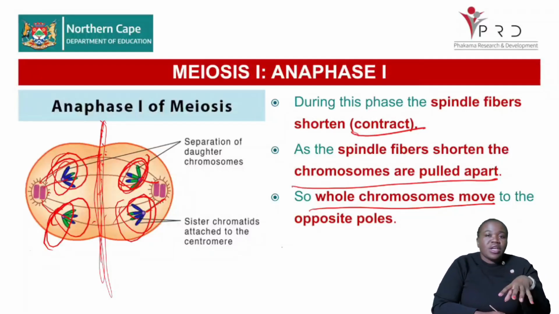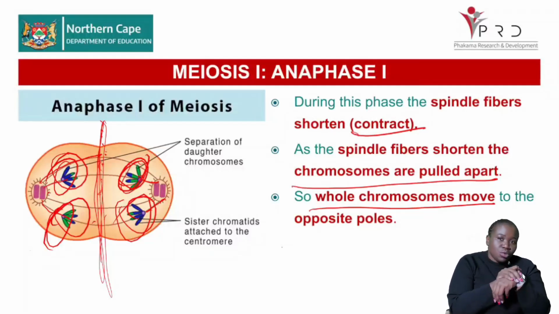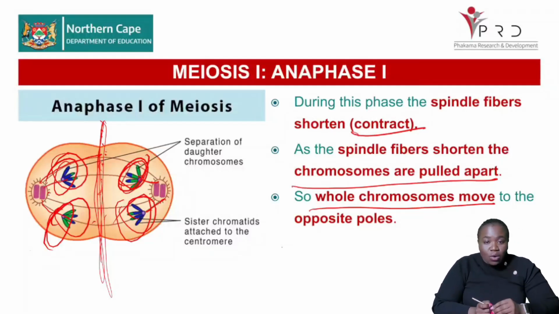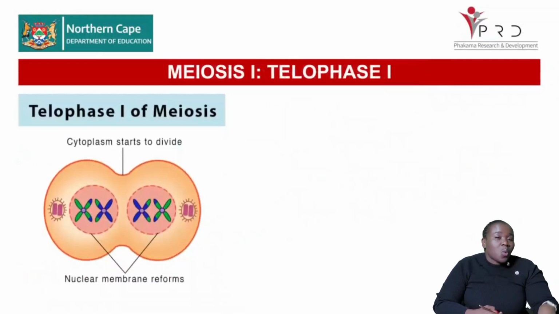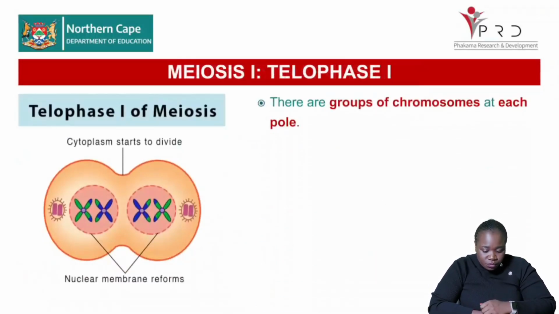Remember, we know that during anaphase 2, it is going to be the chromatids that are pulled to the opposite side and not the whole chromosomes. So this should just be a reminder for you that whatever happens in meiosis I is not necessarily the same as meiosis II.